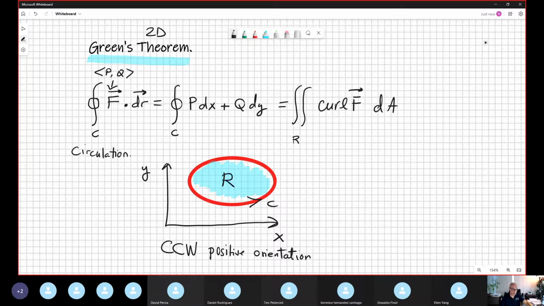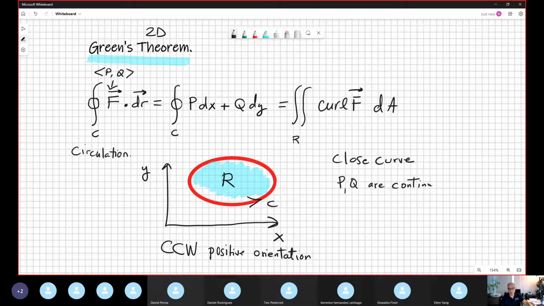It's important to say something. To be valid, the Green theorem needs two conditions. The condition is a closed curve. That is the reason that in the formula you put this circle to indicate a closed curve. And also P and Q, which are scalar functions, are continuous.